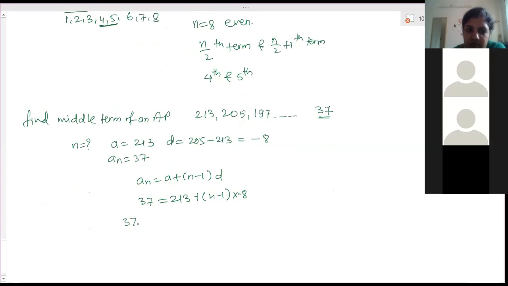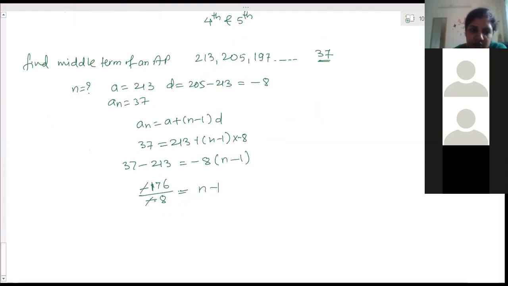So 37 minus 213 is equal to minus 8 into (n minus 1). That is minus 176 divided by minus 8 equals n minus 1. So it will be 22 plus 1, that is n. So n is 23. 37 is present at the 23rd term, so the total number of terms is 23.